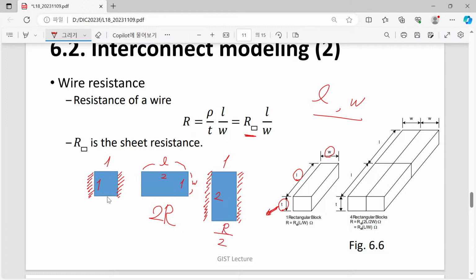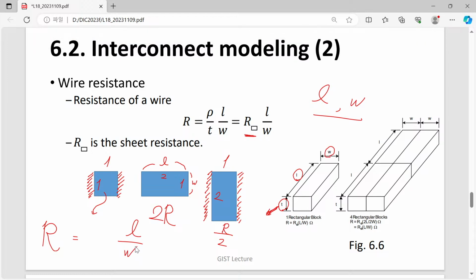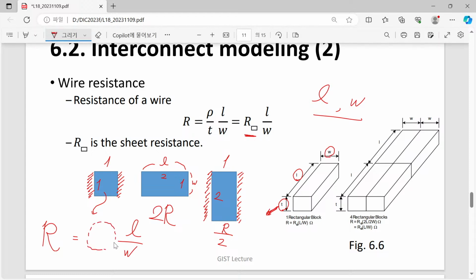So although you don't know the exact value of your resistance, you know that your wire resistance is proportional to the length and inversely proportional to the width. That's it. Then, of course, we must have the coefficient.